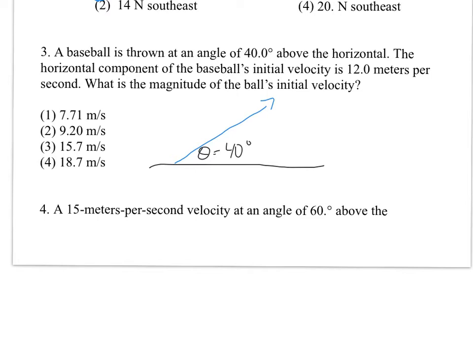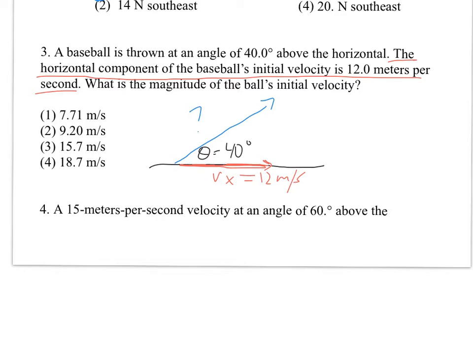And it says here that the horizontal component is 12 meters per second. So that refers to the x component down here, which is equal to 12 meters per second. So this is the horizontal component of this vector, and we need to figure out what this is, the initial velocity.